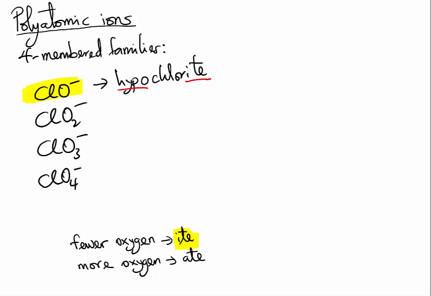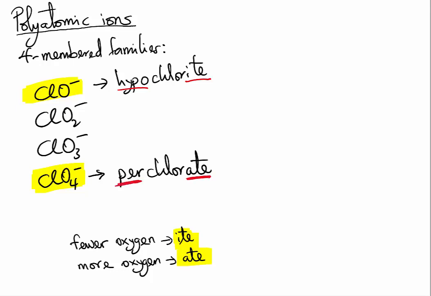On the other hand, the member of the family with a lot of oxygen, that has the most amount of oxygen, ClO4 minus, that is kind of like hypertension, but we do not prefix it with hyper. We simply prefix it with per, and we'll still make sure we end the name with ATE. So it will be perchlorate. The ATE is due to the fact that it has more oxygen.